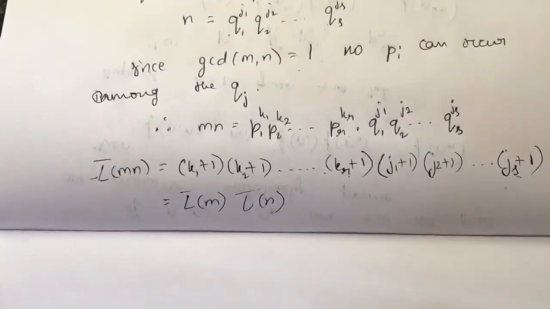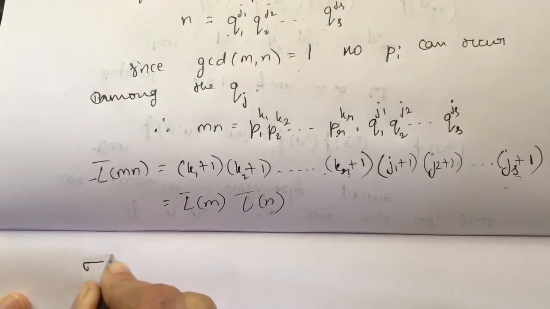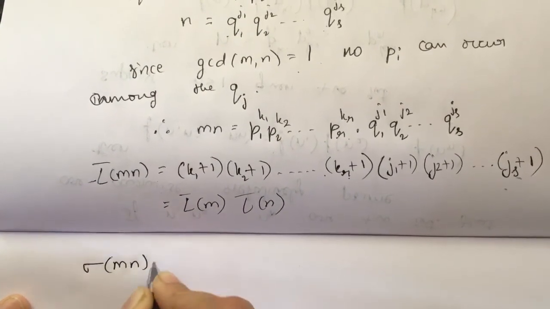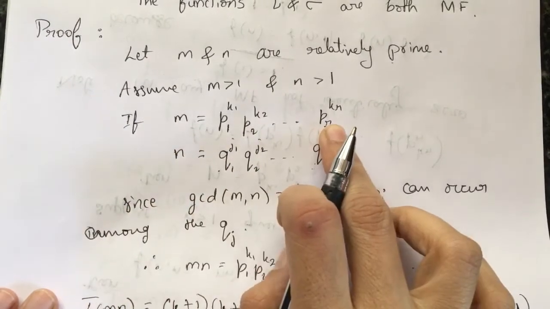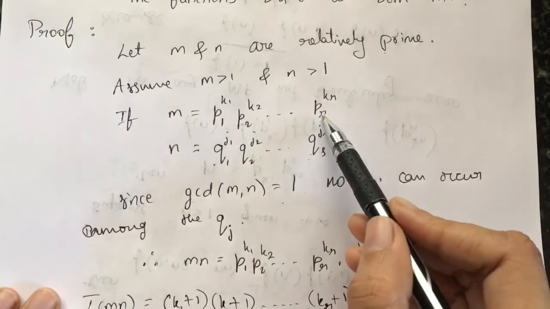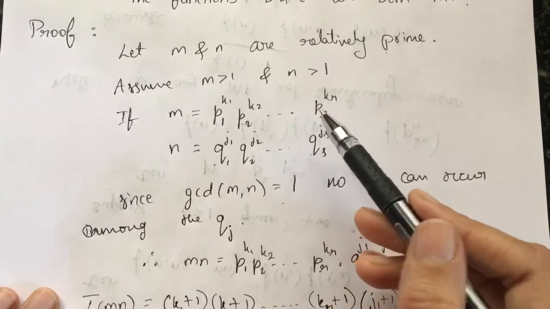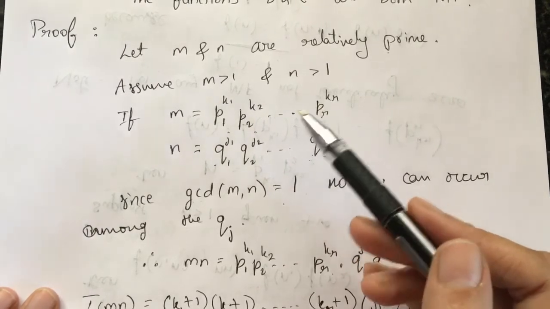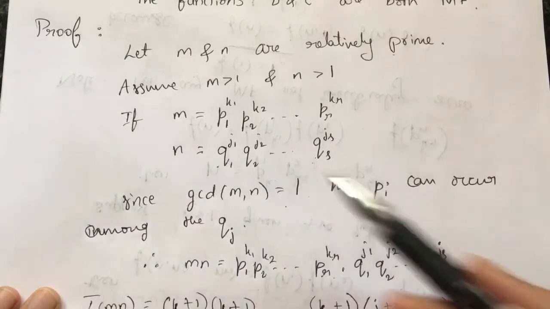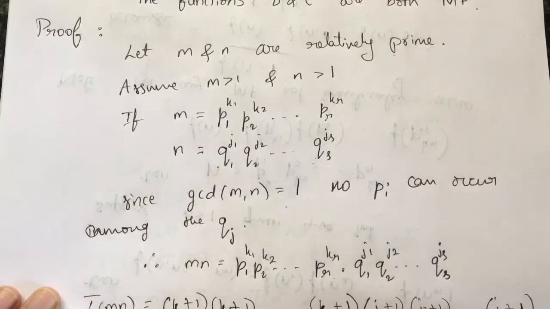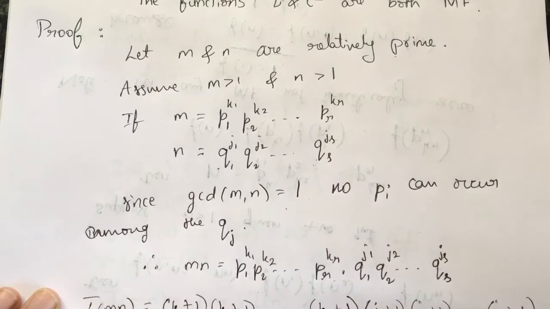Now let us look at the sigma function. Sigma of mn, we know the formula. If m is written as a product of primes, then sigma m equals p1 power k1 plus 1 minus 1 divided by p1 minus 1, into up to pr power kr plus 1 minus 1 divided by pr minus 1. I hope you remember that formula.